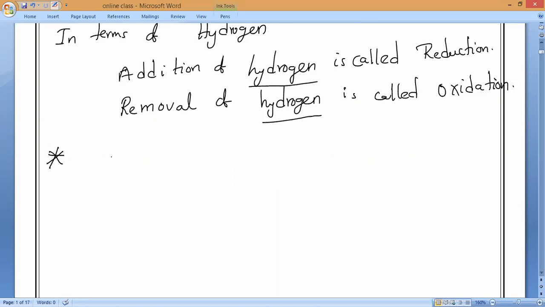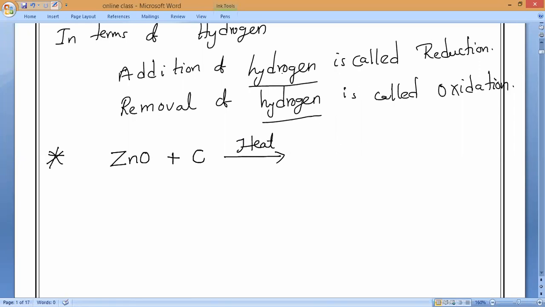Example number 1: zinc oxide. What is the formula of zinc oxide? ZnO, yes or no? Reacting with carbon, if we start heating, what products will come?